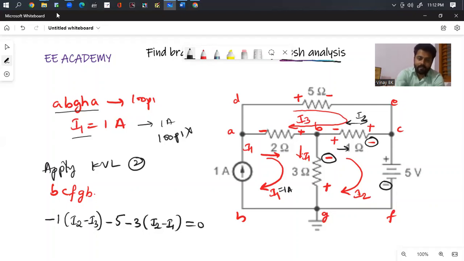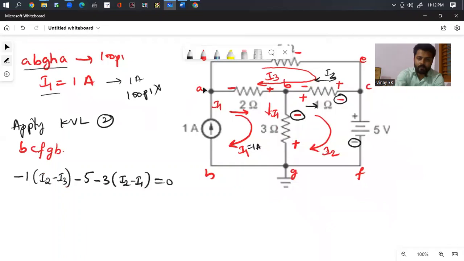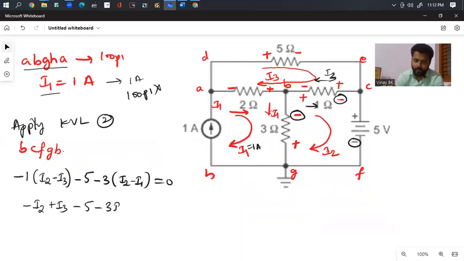So now I'll simplify this equation, just simplify to get the unknown values. Once after simplifying, I'll rewrite this equation as minus I2 plus I3 minus 5 minus 3I2 plus 3I1 equals 0.